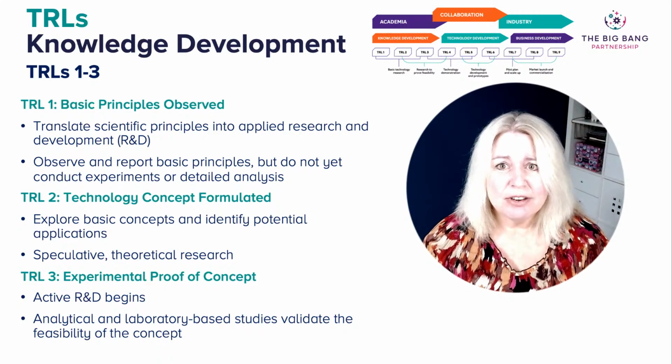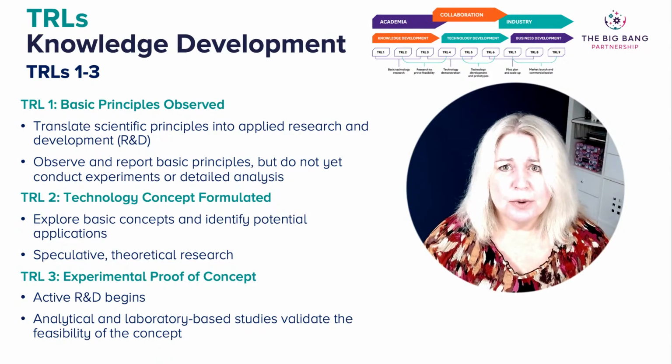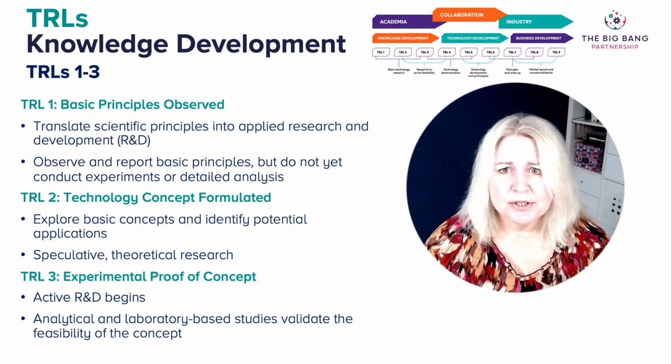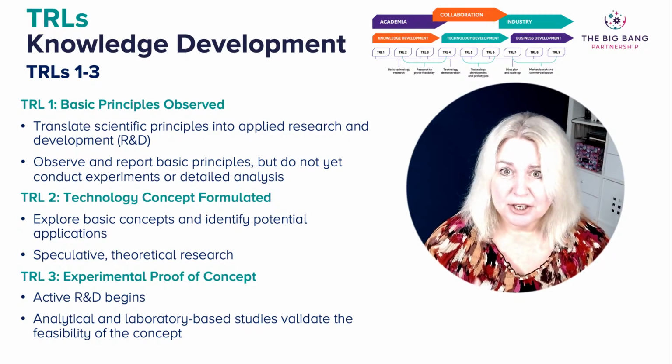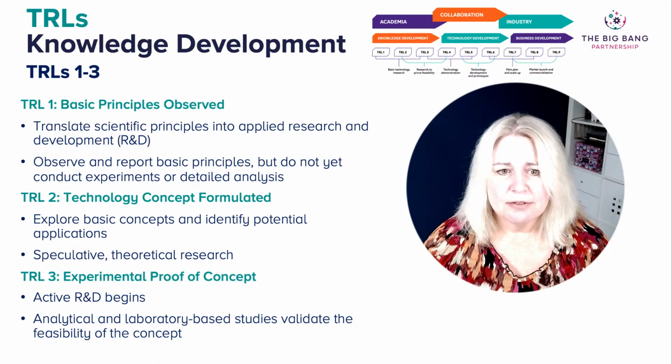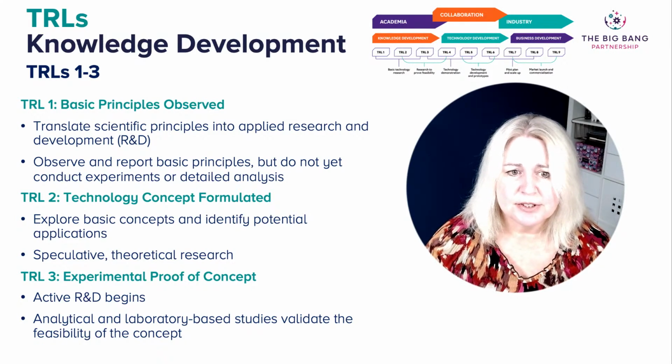At TRL level 2, this is where the technology concept starts to be formulated. So this is around looking at basic concepts, identifying potential applications and uses for the innovation, and often this is still speculative theoretical research.